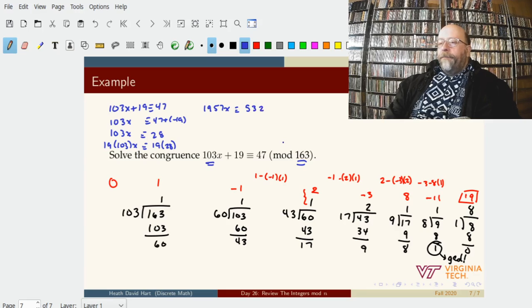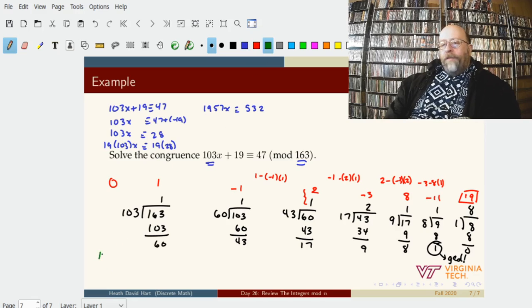All right. But this number should be congruent to 1. And this number we can reduce mod 163. So let's do some calculating here. I have not left myself a lot of room to work, so let's try it down here.